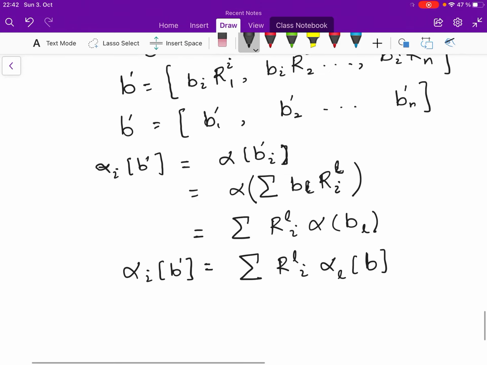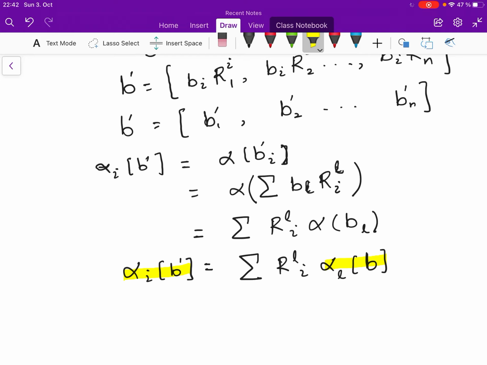Now what does this mean? This is actually the component of the functional in the B coordinate system or the B basis, while this one is the component of alpha in the prime basis.